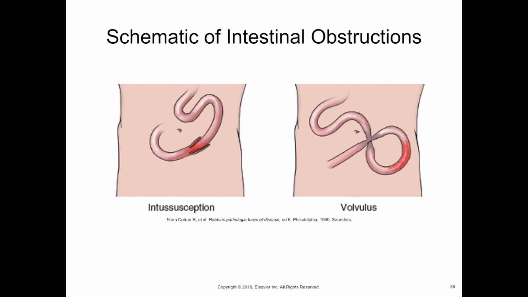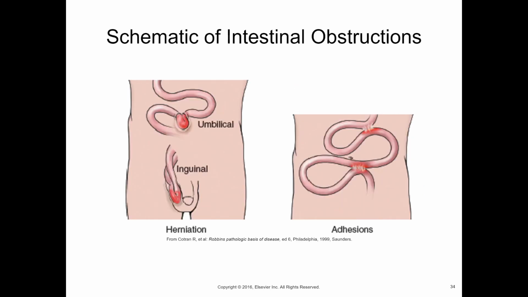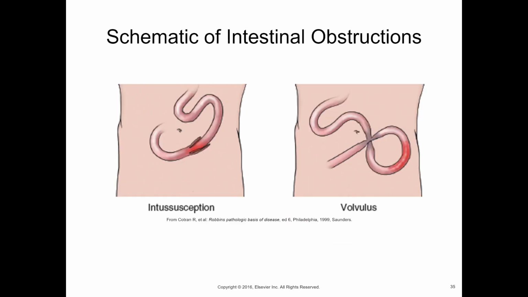You have intussusception, which is typically seen in young children. We've already talked about herniations. Adhesions can also occur, but intussusception is where the intestine kind of rolls inside of itself.